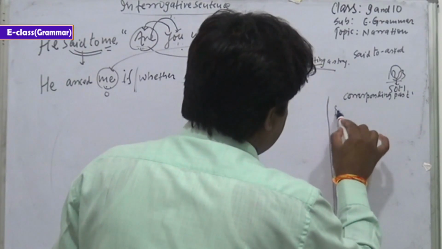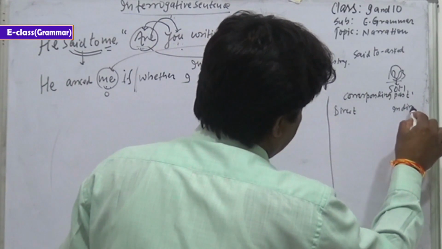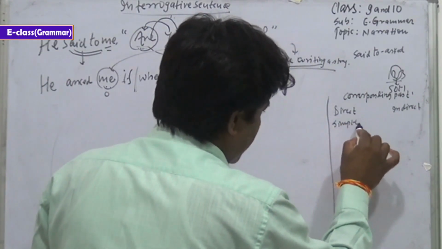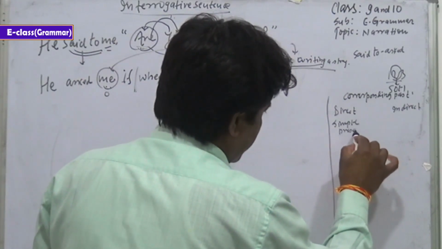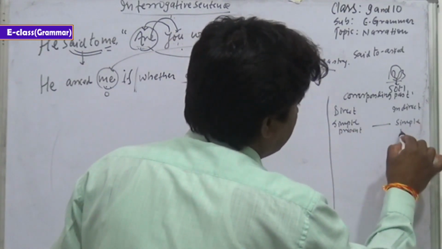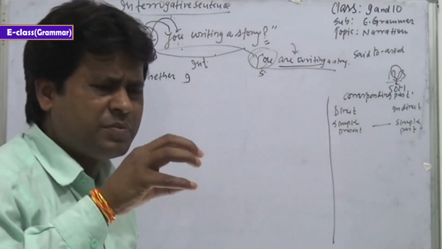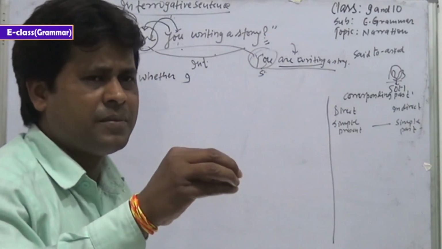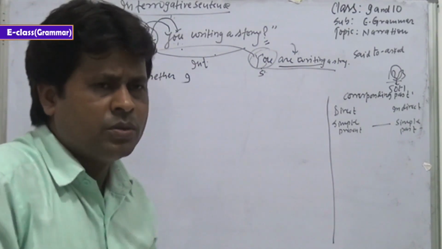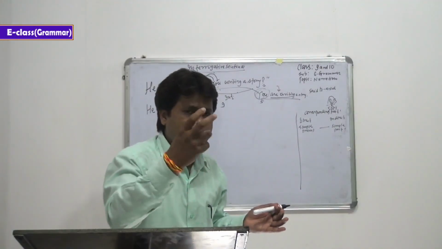Okay, if this is direct, this is indirect. If we have simple present tense here, it becomes simple past. See, but you must know the structure of simple present, simple past. That's given in your grammar book too. We can learn from there also the structures of simple present, the structure of simple past.